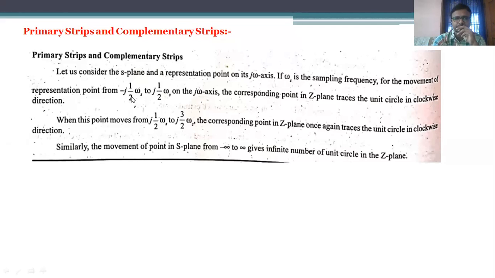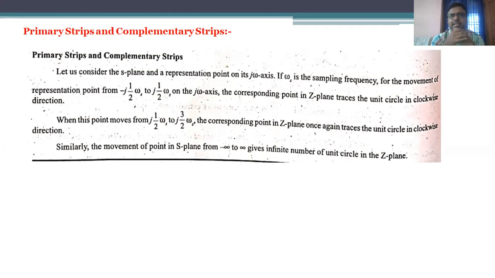That means if a portion is occupied in the S plane from minus omega s divided by 2 to omega s divided by 2, one unit circle is going to be considered. And similarly, if the portion of the S plane is considered from omega s divided by 2 to 3 by 2 j omega s, another unit circle has to be considered.